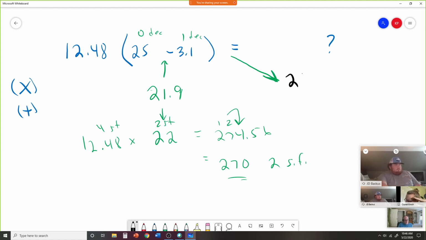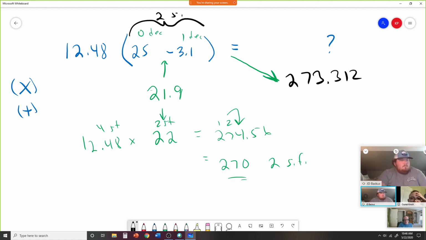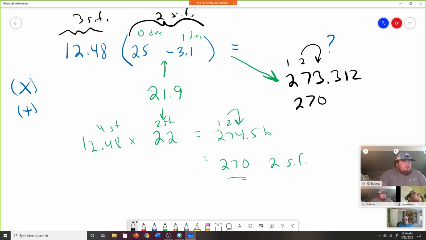I get 273.312 as my calculator answer, but I look here and say this is going to end up being 2 SF here and 3 SF here, so our answer should be 2 SF. We go 1, 2, look one more over, and it's still 270, which is 2 sig figs. You see that?